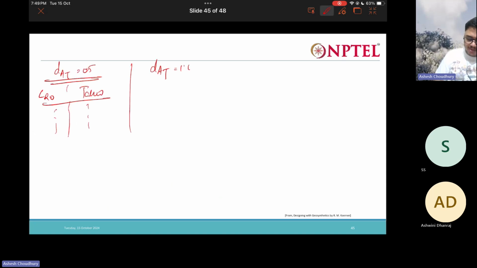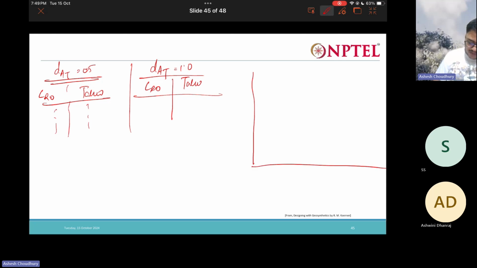Then again for d_AT equal to 1, you can have various combinations of LR naught and T allowable. Like this you can get a graph, with LR naught in meters and T allowable in newton per meter.